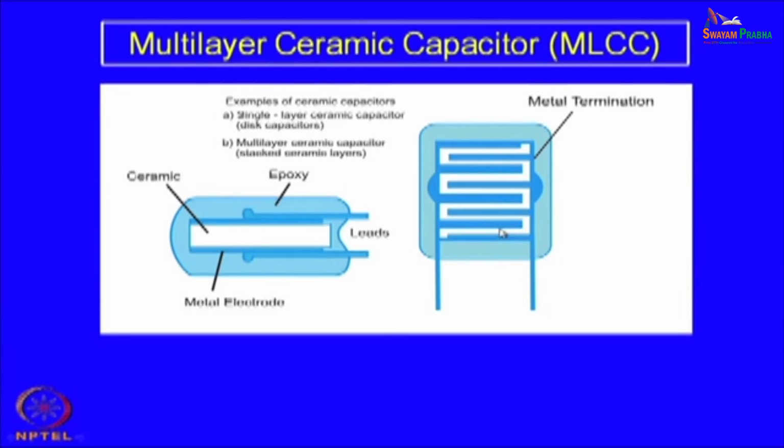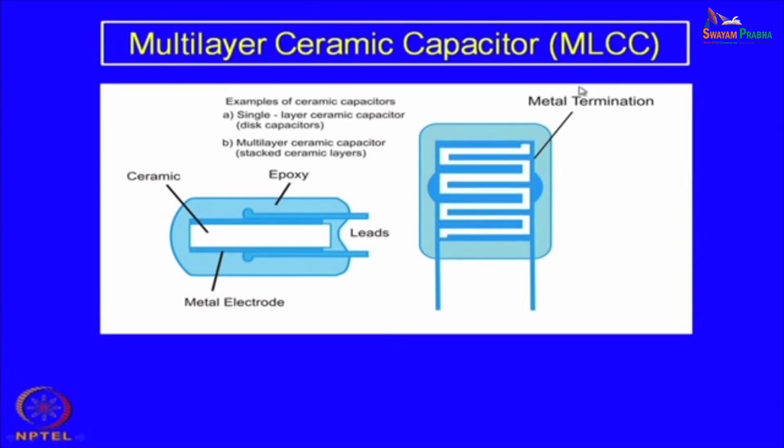If you look properly, you will find they are parallelly connected. So, there is an additive effect. Whenever capacitances are added in parallel, there is an additive effect. Therefore, within the same volume you have a much larger capacitance compared to this kind of design. Compared to disc capacitors, these are much more miniaturized, and one can use them much more efficiently.